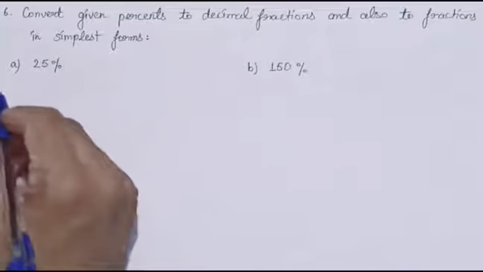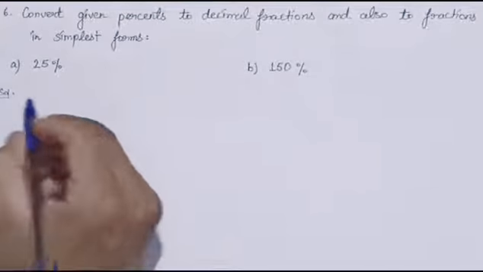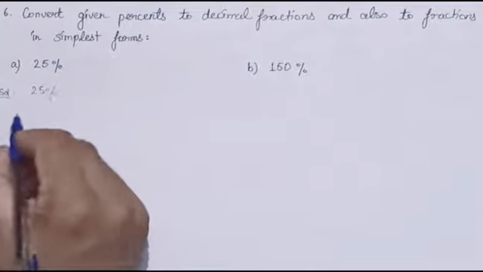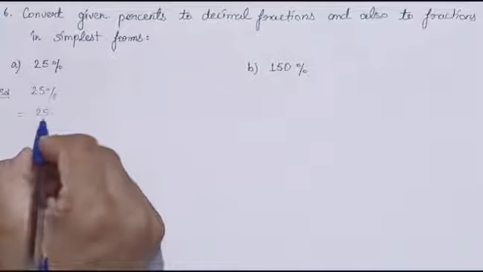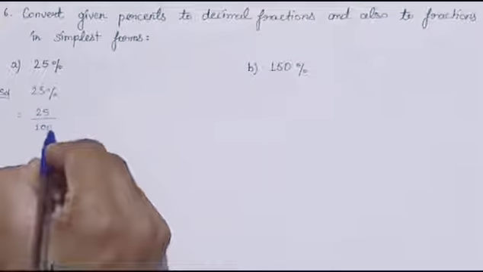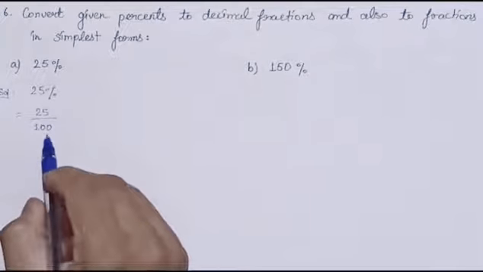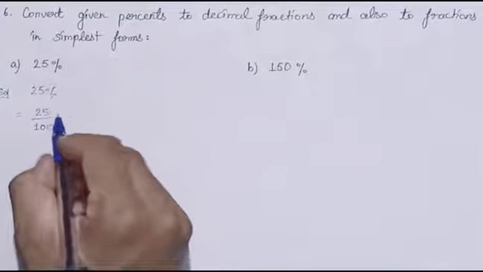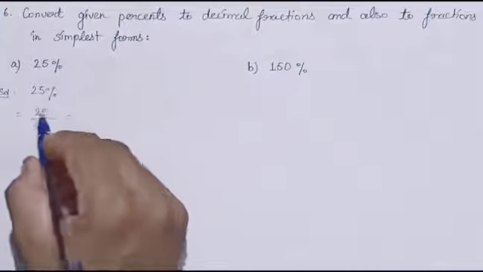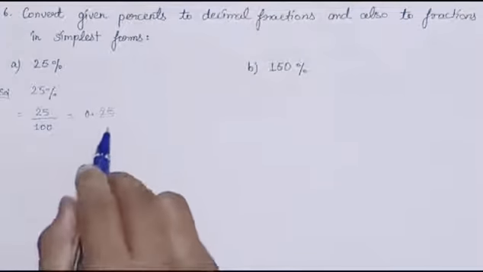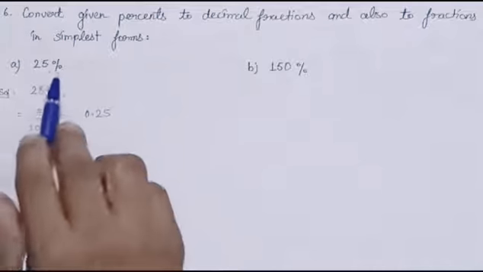So here let us see the solution. 25% can be written as 25 divided by 100. So 25 by 100 is equal to 0.25. So this is the decimal equivalent of 25%.